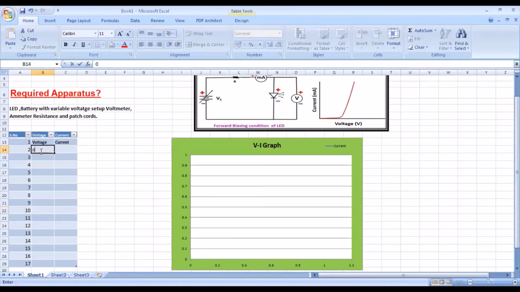What we observed here: initially we took 0 value of voltage and 0 of current. Now see here, when we increase the voltage value to 120 millivolts, the current is 0.